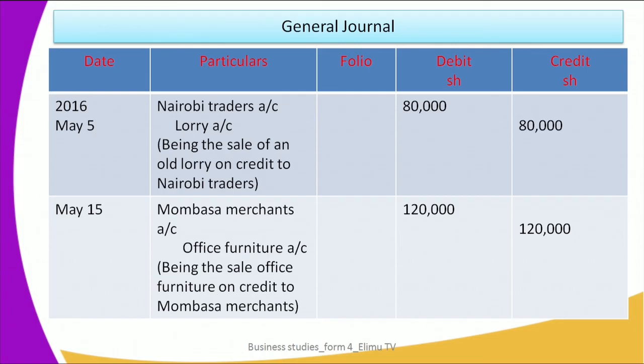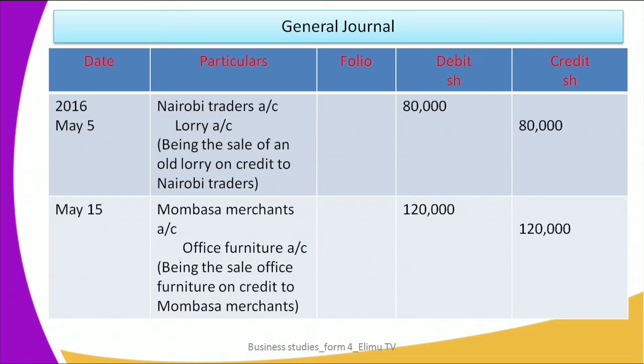Our next transaction was on May 15, and we are being told that office furniture worth 120,000 was sold to Mombasa merchants on credit. Still in this case, Mombasa merchants are our debtors. That is why we are debiting Mombasa merchants account by 120,000, and office furniture we credit with the same amount, that is 120,000.